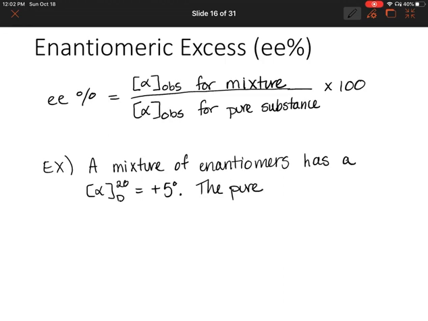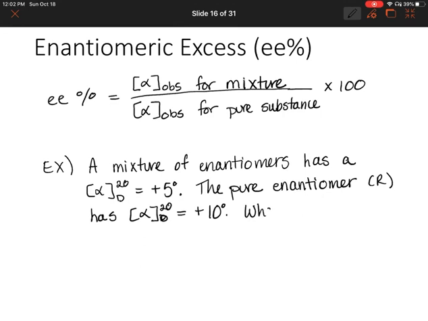The pure enantiomer, let's say that's R, I don't know which one it is, but let's say it's R, has an observed specific rotation, D20, equal to positive 10 degrees. What is the enantiomeric excess?